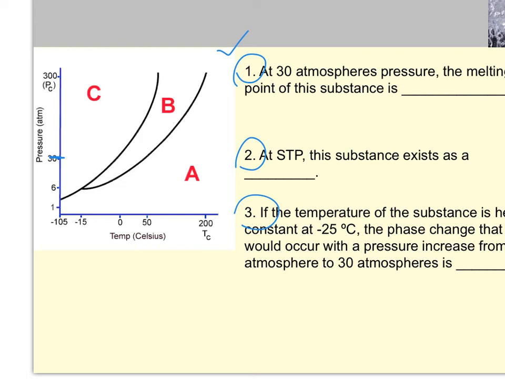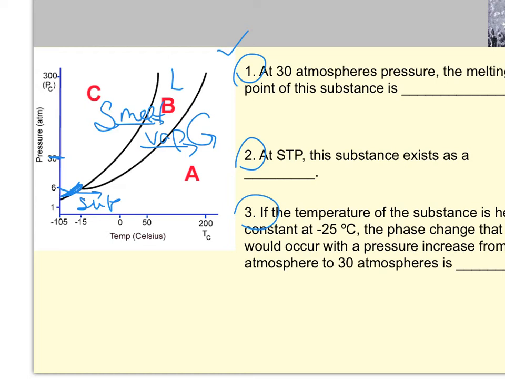The first thing I would do is probably label the curve so I don't make a silly mistake. Slug: solid, liquid, gas. And I would probably also label the phase changes. So solid to gas, that is sublimation. Solid to liquid is melting. And liquid to gas is vaporization.